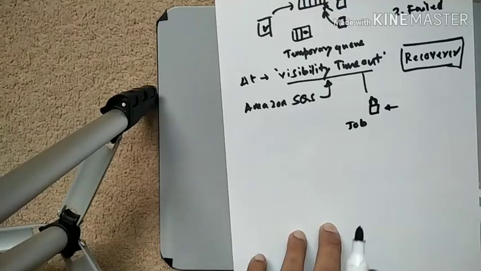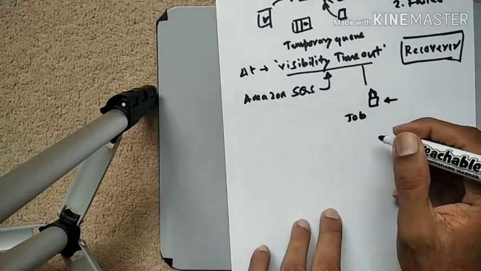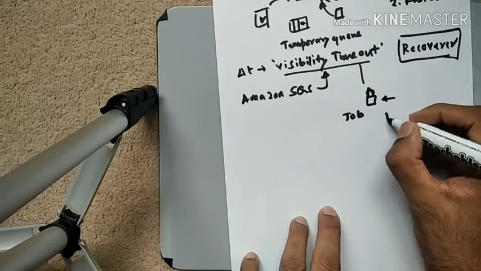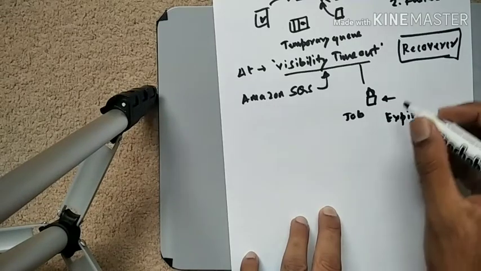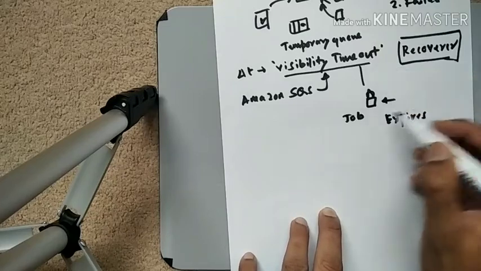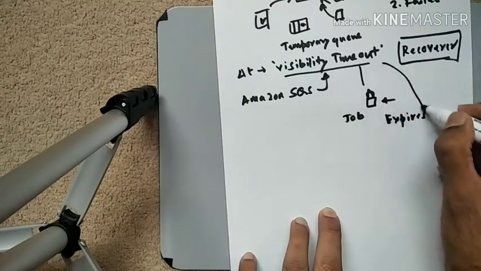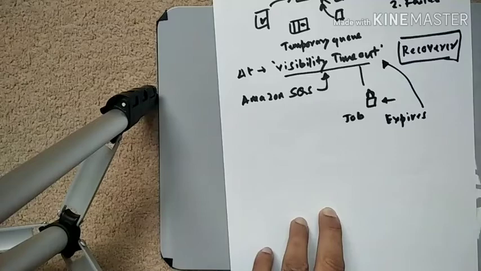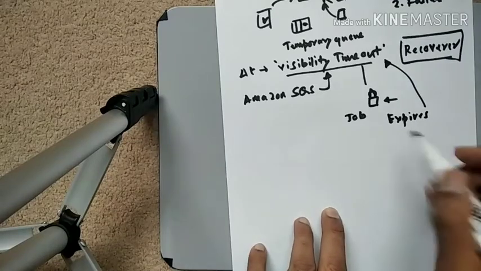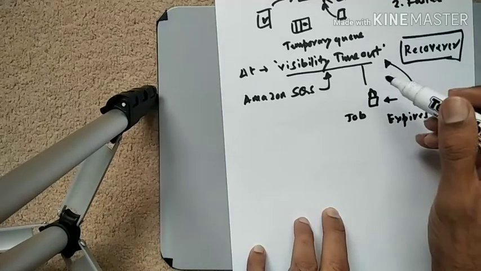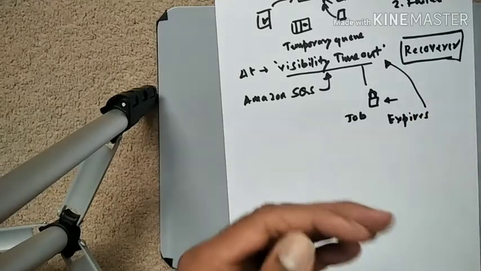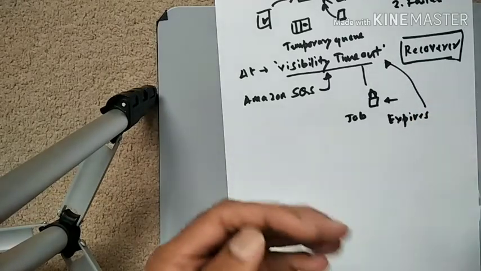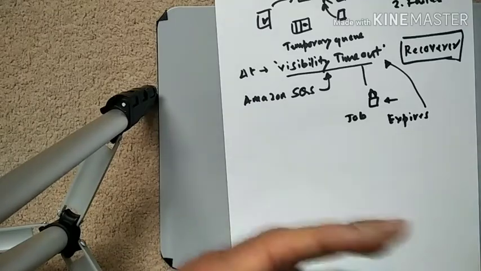But the important aspect is, this is a lock which expires, and it is set to expire after a time period of visibility timeout. So the lock expires in a time period equal to the safe time period required for the worker to complete jobs of that type.